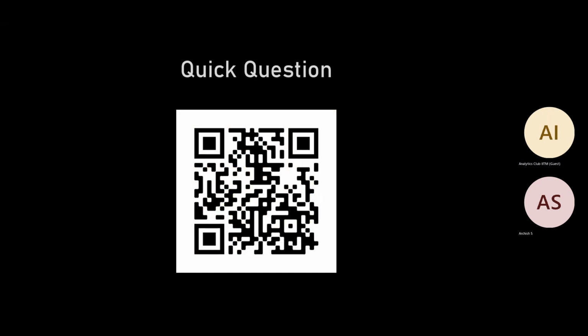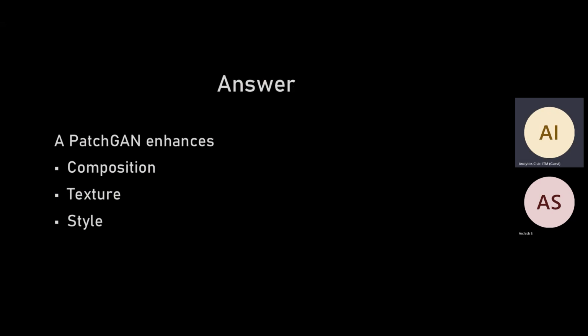So yeah, a patch GAN enhances composition, texture, and style. The texture and style is what a convolution does. It takes information about it, and this is essentially what a cycle GAN is doing. It's doing transformation in the sense of textures and also composition. You can see the patch GAN as an n by n square kernel in a convolution.